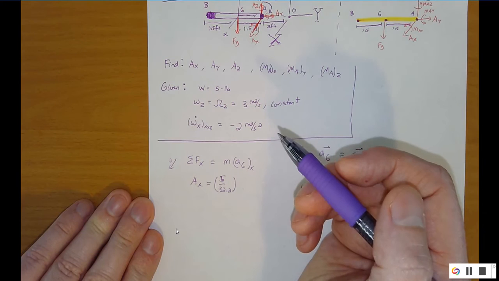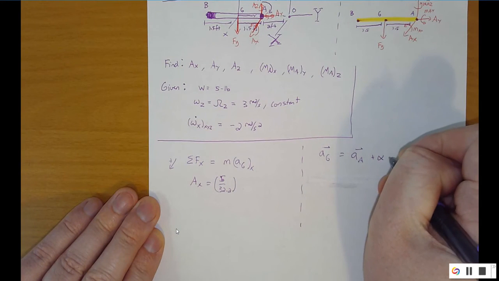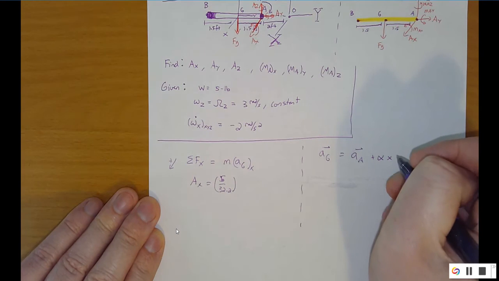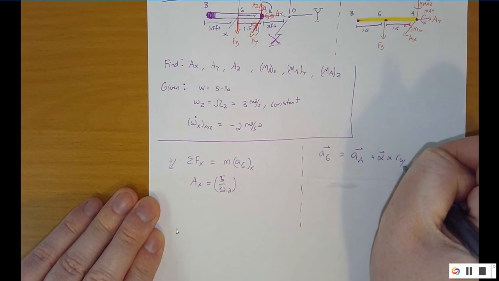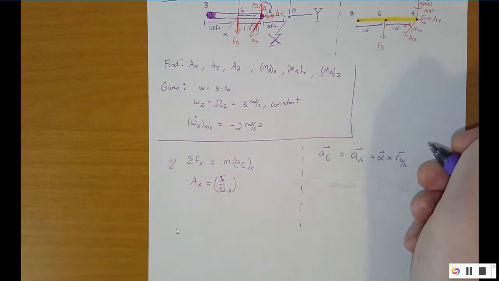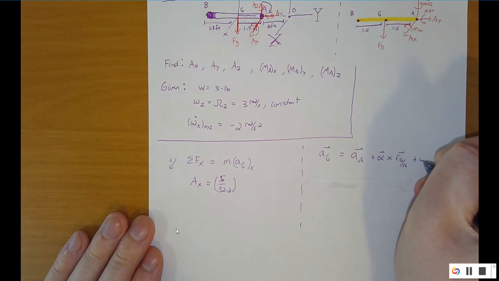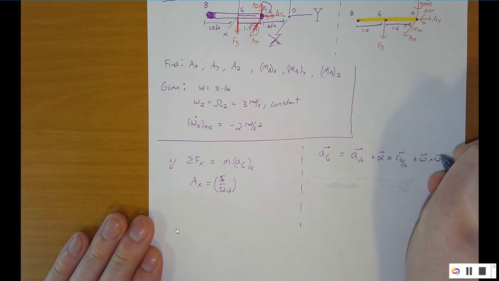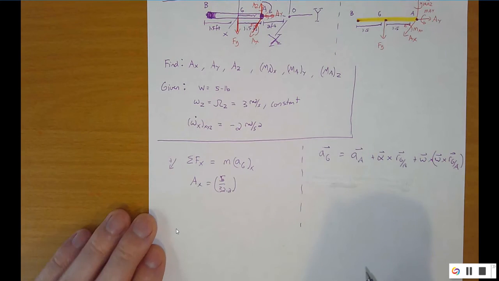I don't have to use a translating and rotating one. So I will get alpha vector crossed with the vector r_G from A, plus omega cross omega cross r_G to A. That should look familiar. You did this in chapter 20.